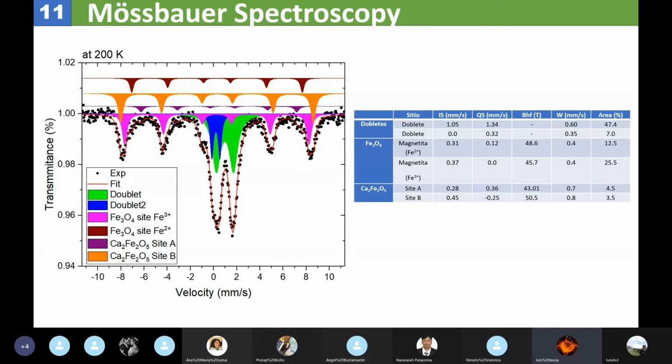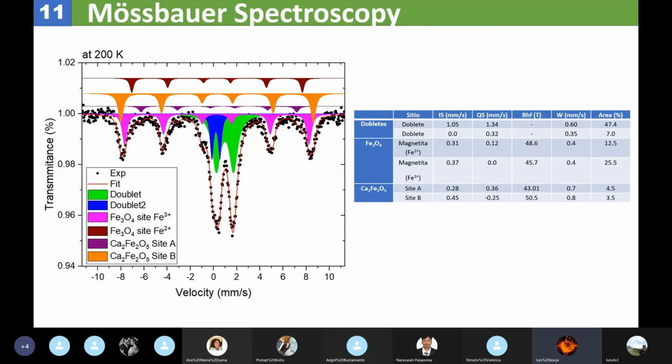The violet and the cyan colors are for the magnetite, also in the oxidation states iron 2+ and 3+, and in the table you can observe the parameters that confirm this can be associated with magnetite. We also confirm the presence of calcium ferrite in 2 sites, site A in green and site B in magenta.